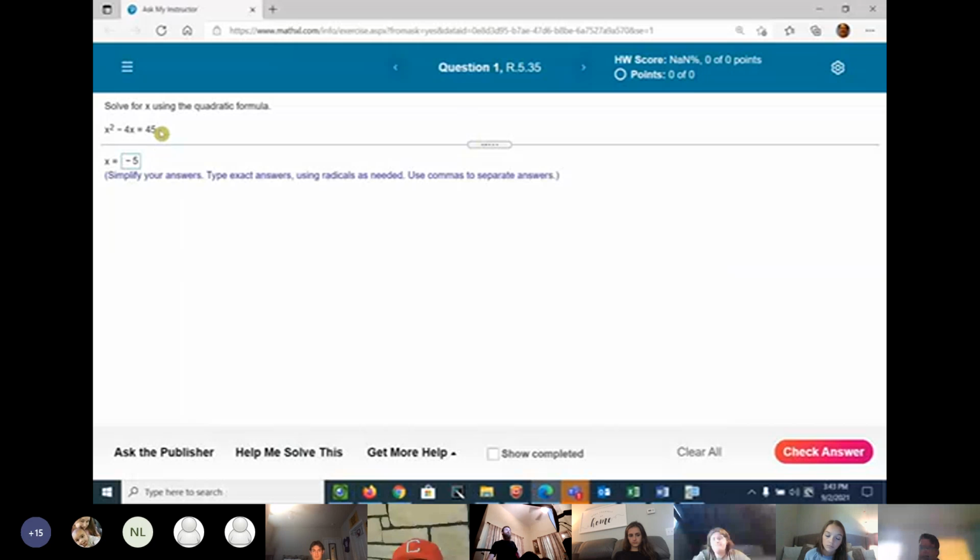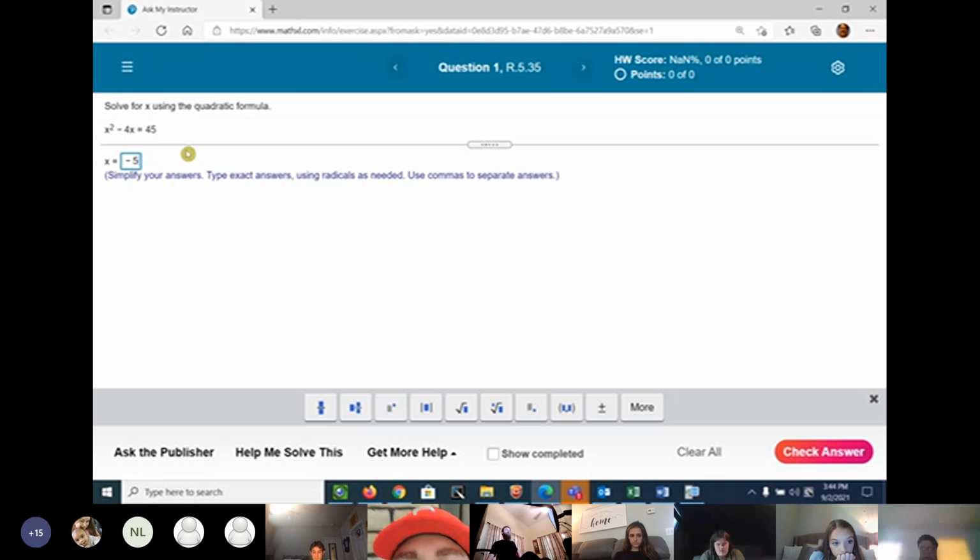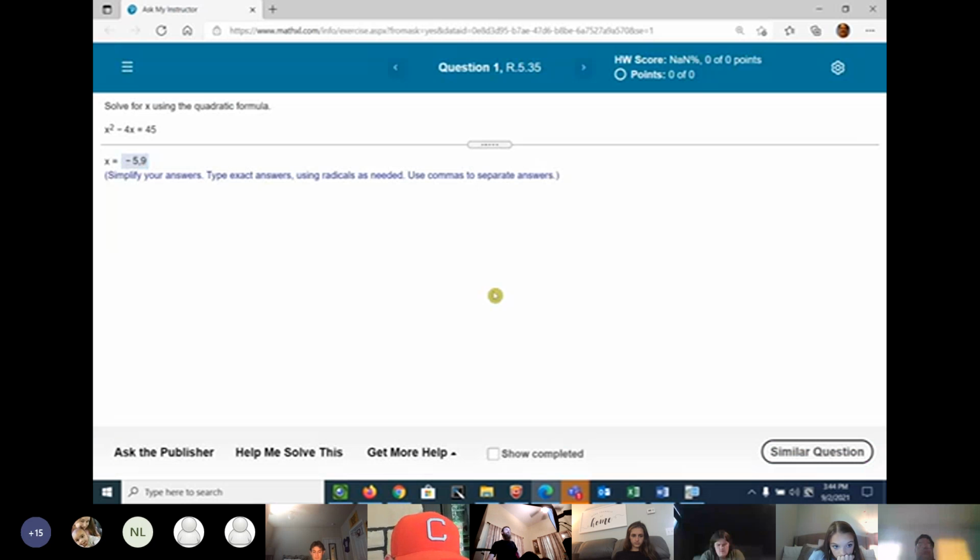Next, let's see what they want. What do they want? Solve. So they want the x-intercept when it says solve. So negative 5 should be the x-intercepts. Wow, that's all they ask you for. Oh yeah, that's right, quadratic formula.